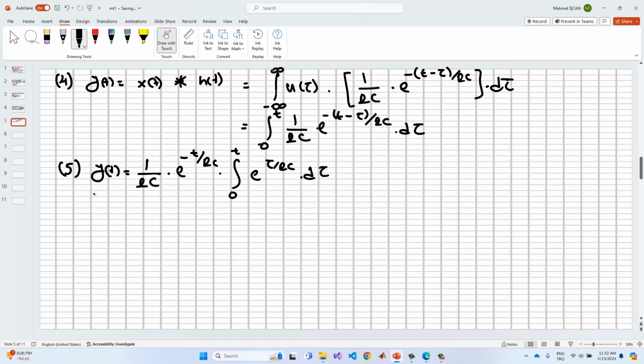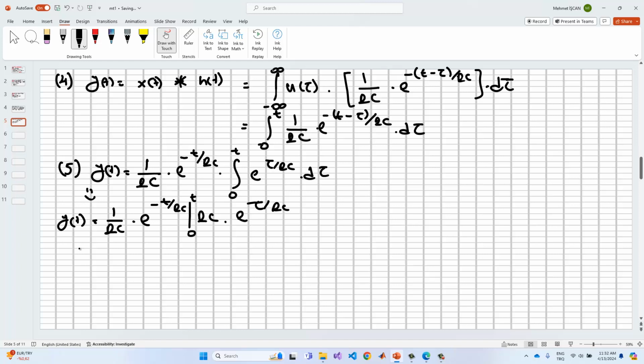Okay, and so if we solve this equation, then y(t) equals 1 divided by RC times e to the minus t over RC, and from 0 to t is the integral solution RC times e to the tau over RC. Okay, the integral yields these calculations.